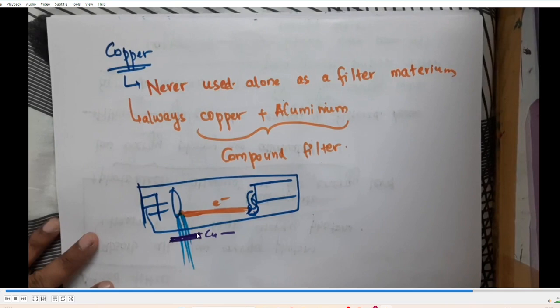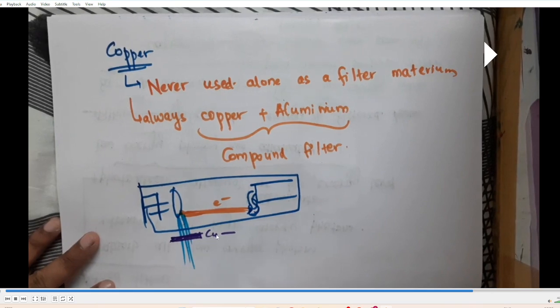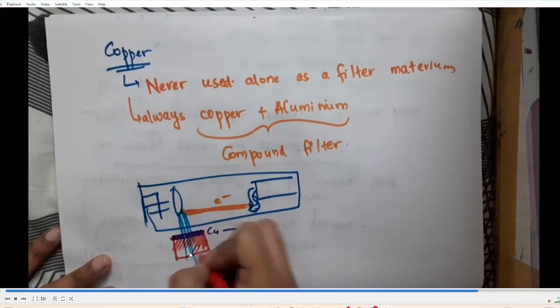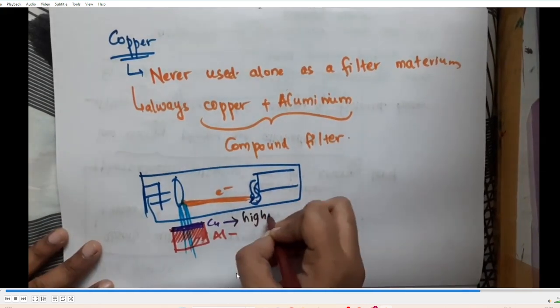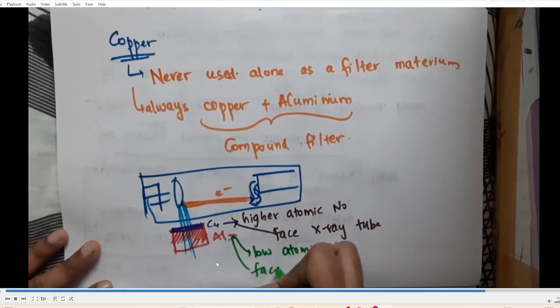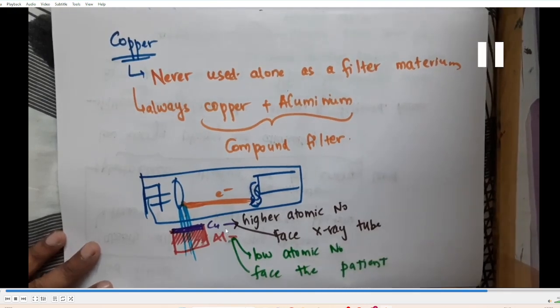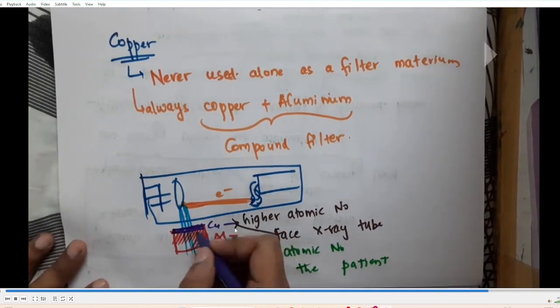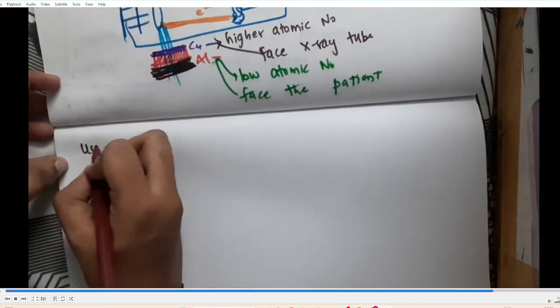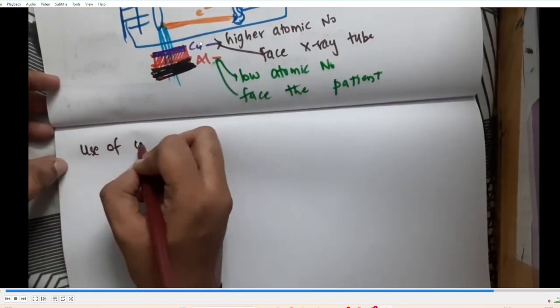The layers are arranged such that the higher atomic number element, that is the copper, faces the X-ray tube, and the lower atomic number element, that is aluminium, faces the patient. Most filtration occurs at the copper.